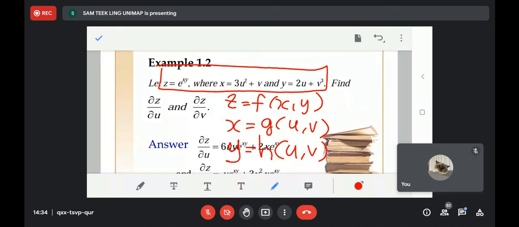So you can see your z is a function of variables x, y. Your x, y are in variables u, v. So it gives you this one. We know we can directly solve. No need to apply the inverse function formula.